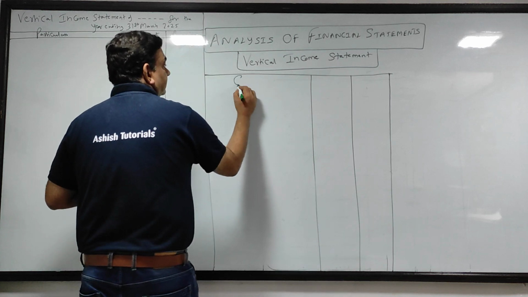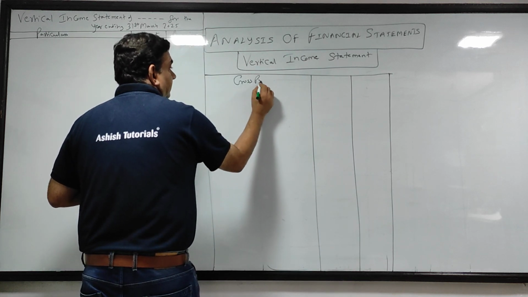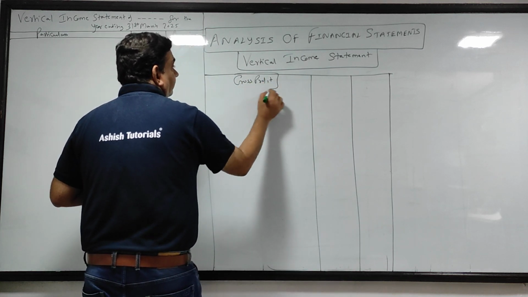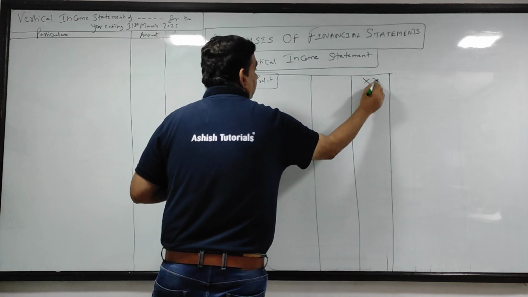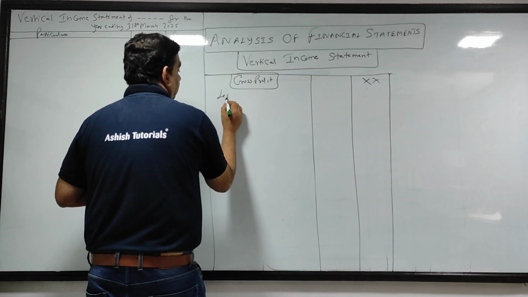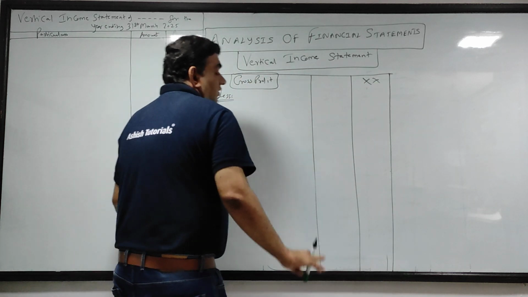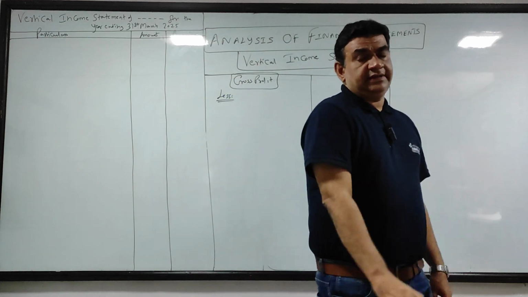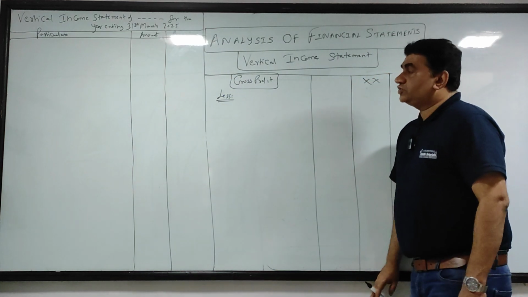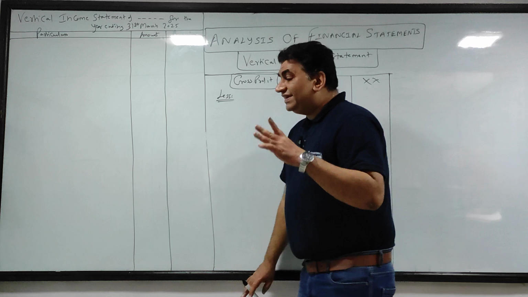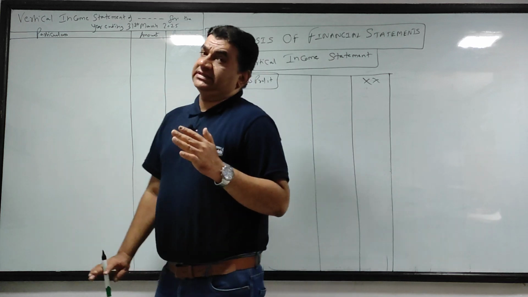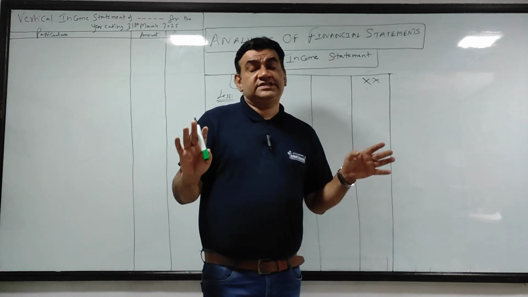Now see here guys, we did till gross profit. Now I got the gross profit, correct? From this gross profit, we will deduct expenses. Now understand this.